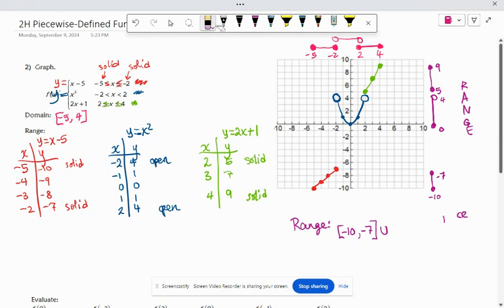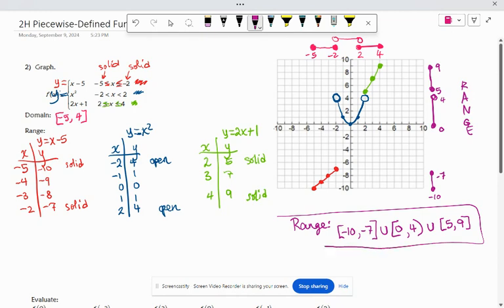And then I'm going to go from 0 with a square bracket to 4 with a round bracket because it's a hole, and then my union symbol, and then my square bracket 5 to square bracket 9. So remember, these filled in dots and open dots, these points and holes, can help you figure out what your brackets should look like for the domain and the range.